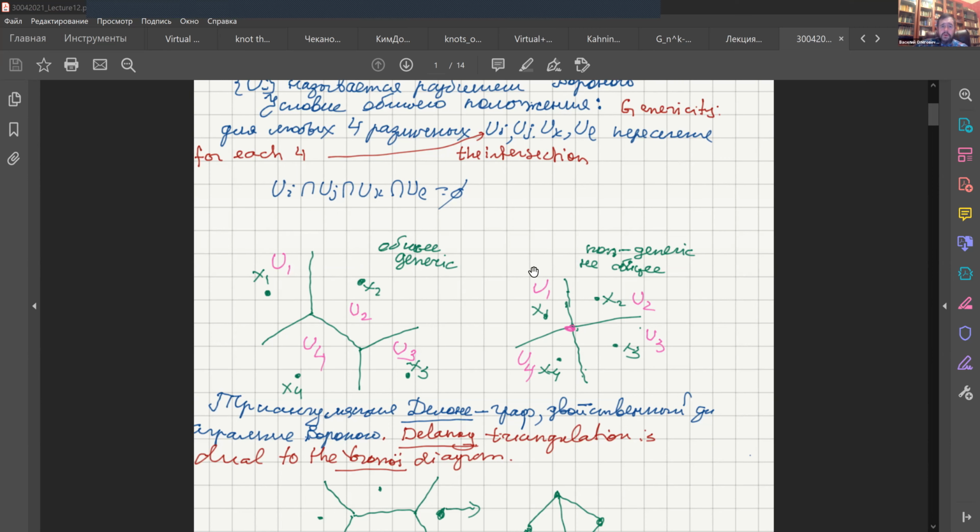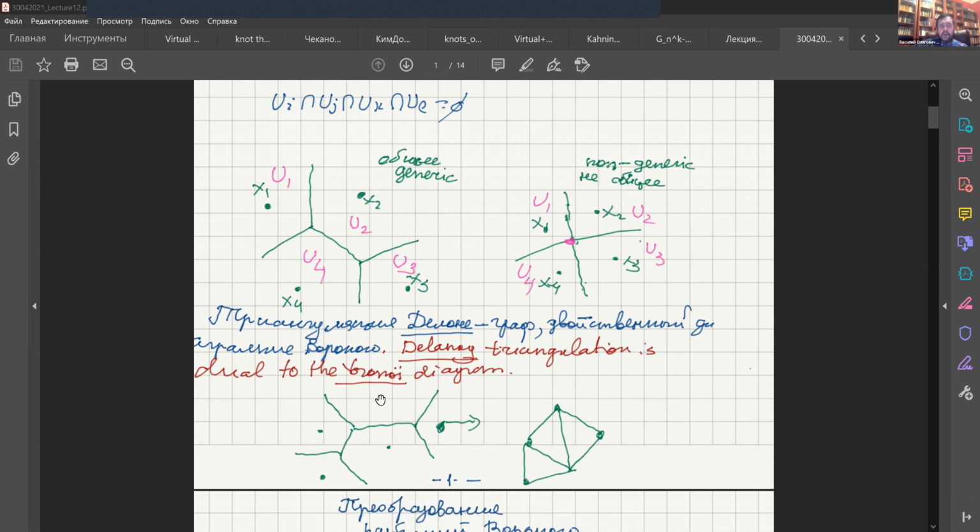And there are some non-generic situations when some 4 or maybe even more points share a point. What does it mean? This actually means that 4 adjacent states, 4 adjacent countries share a common boundary point. When does it happen? Well, actually, this happens when these 4 vertices form an inscribed polygon.